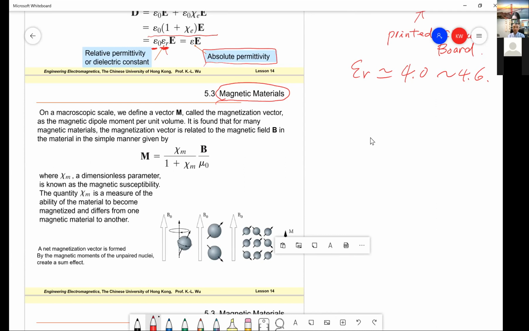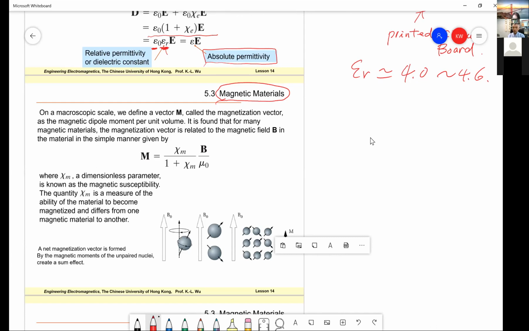But most of the time, the electromagnetic problem is a very special area, because not only are the applications not as many as electric materials, but also the mathematical description is more complex than electric field material problems.